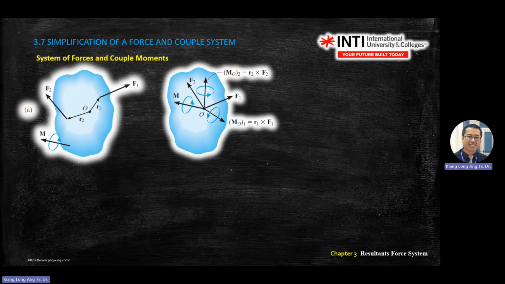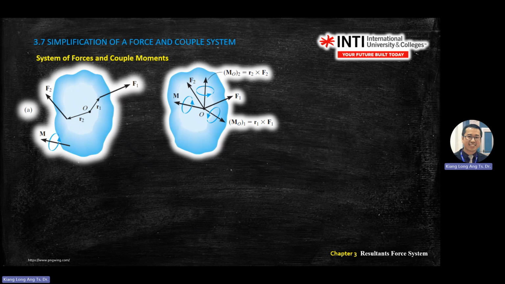You do the same for F2. F2 you can split into X direction, Y direction. So F1 you split into this direction and this direction. Right? So your R will be this direction and that direction. So you have two moments, here and here.